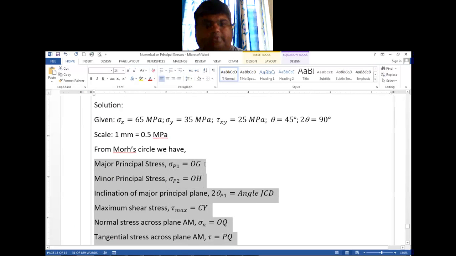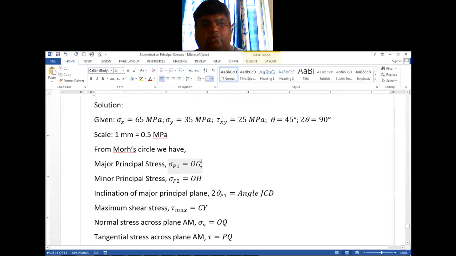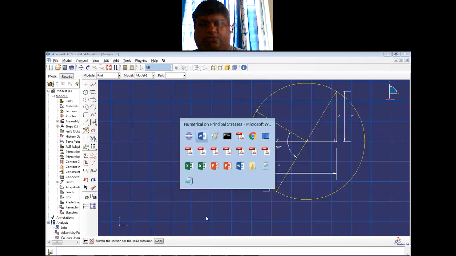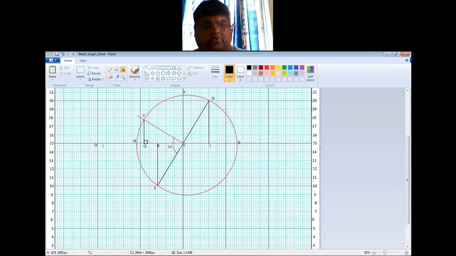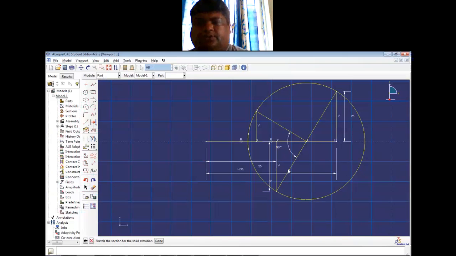So first principal stress sigma P1 is OG. Now OG is from here to here, right? That is the maximum shear stress. So let me find this from this point. Okay, I cannot do that. I'll just draw another line from here. I should be able to do it.